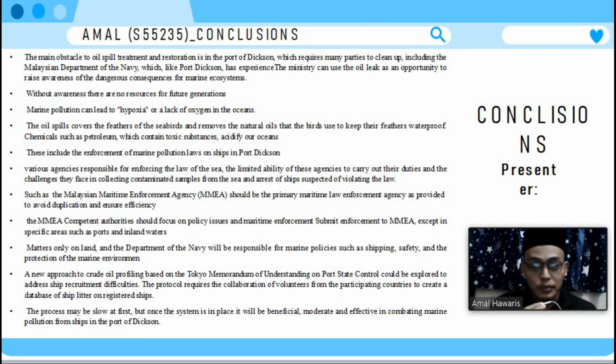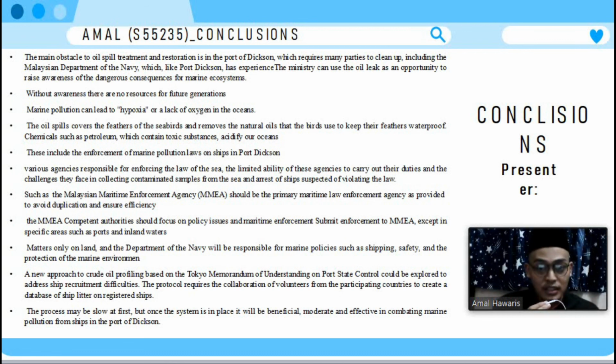Various agencies are responsible for enforcing the law of the sea, but the limited ability of the agencies to carry out their duties, and the challenge they face in collecting contaminant samples from the sea and arresting ships suspected of violating the law, remain.